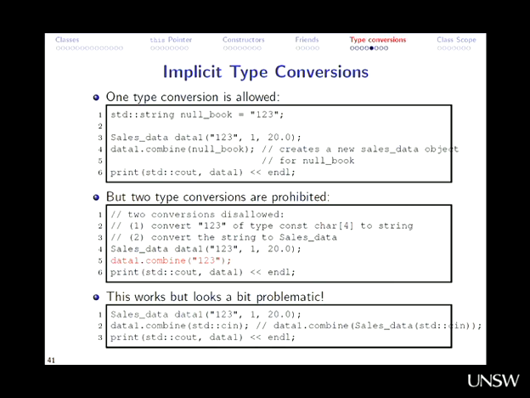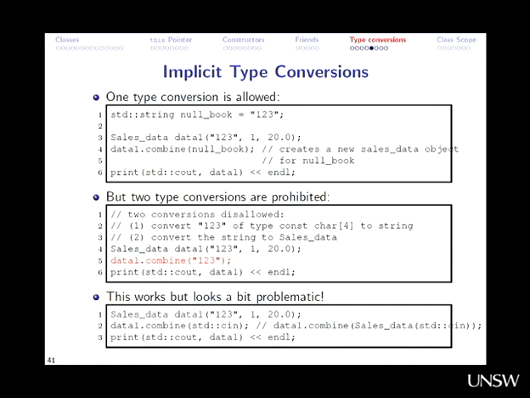The next line, I really hope no one ever does this, does work, and it's absolutely terribly confusing. The next one again creates us one sales data object. We then say sales data1.combine(std::cin), passing the whole keyboard into it.